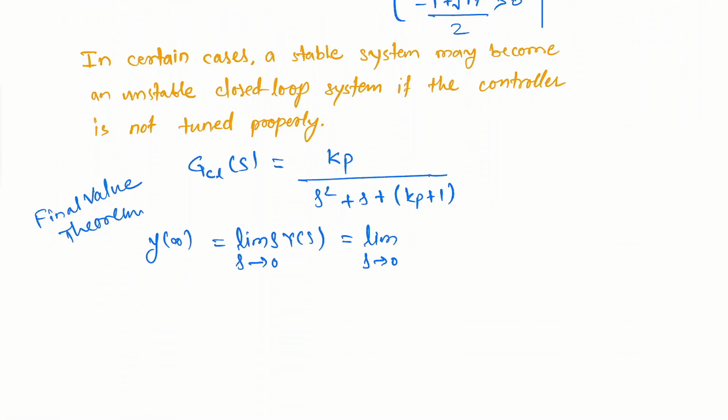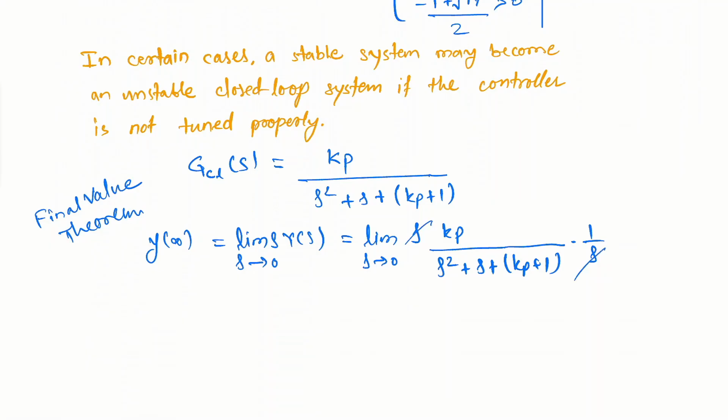So we have the first s coming from the final value theorem, and then since we are taking a unit step, there will be this 1 over s.